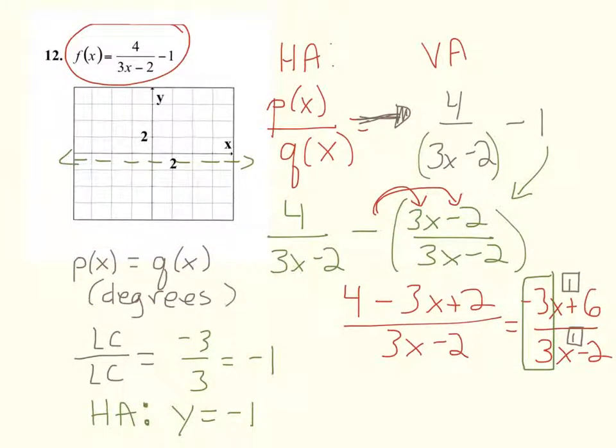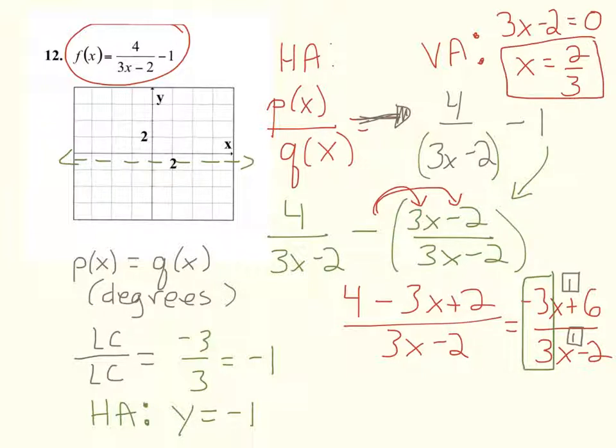To find my vertical asymptote, I just need the values that are undefined. So I just set 3x minus 2 equal to 0. So my line for my vertical asymptote is going to be x equals 2/3. Go ahead and draw that in.